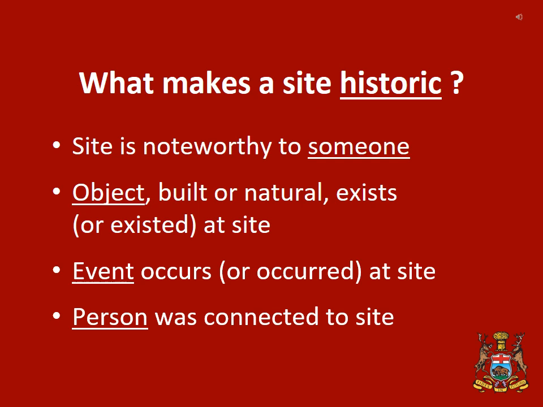Or it's a person connected to a site, maybe a site where that person did something important, or where somebody noteworthy lived or died. There may be various things that are important about particular sites, and so we use a variety of criteria to choose them. We err on the side of being inclusive: if somebody has convinced us that they feel passionately about it, why not?